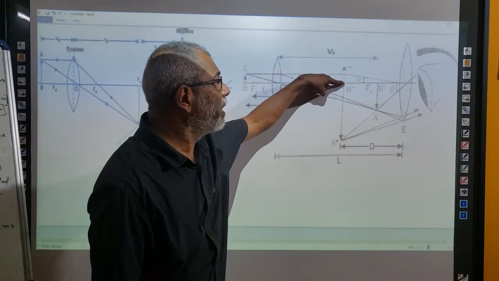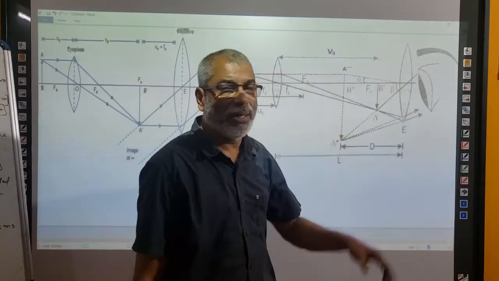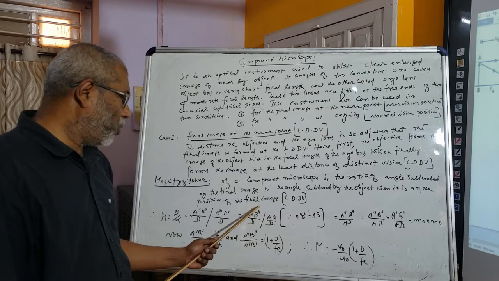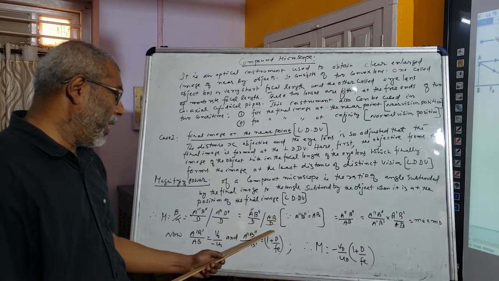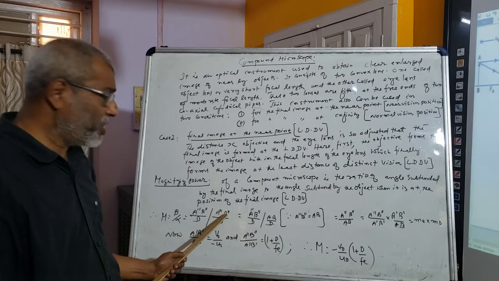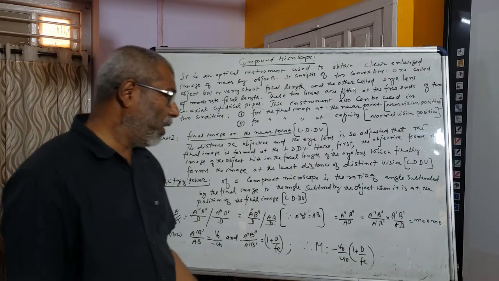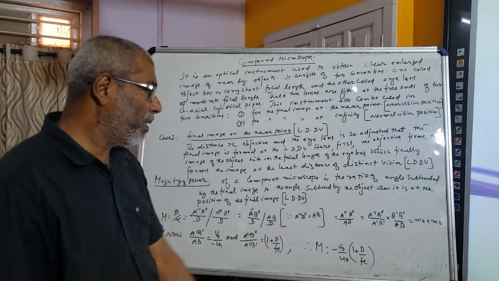It makes an angle alpha at the eye or the eye lens. So A2' B2' by D divided by AB by D, because A3' B3' is equal to AB itself. So finally what we get is A2' B2' divided by AB.